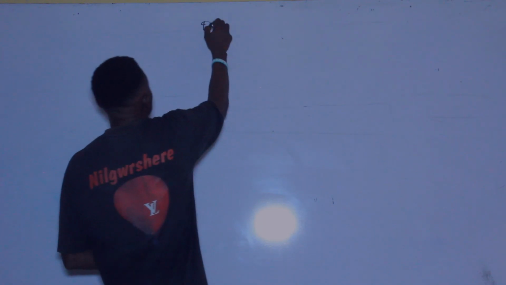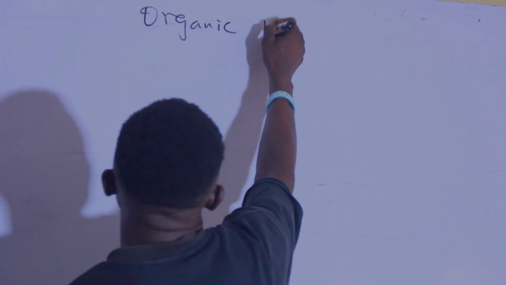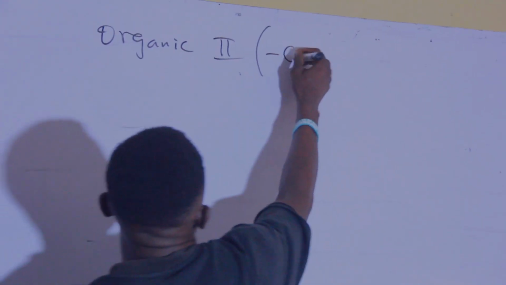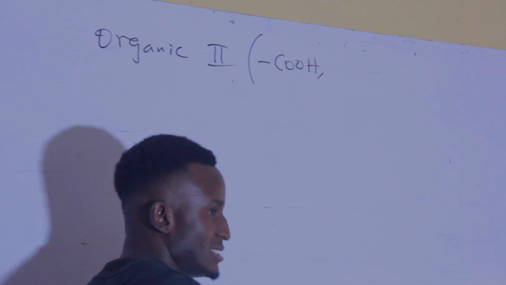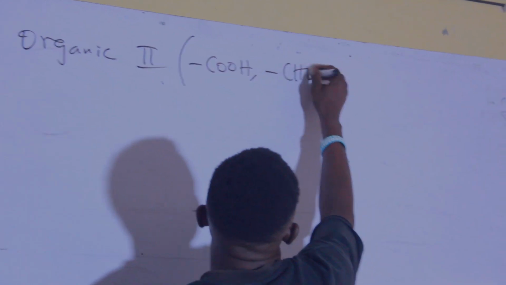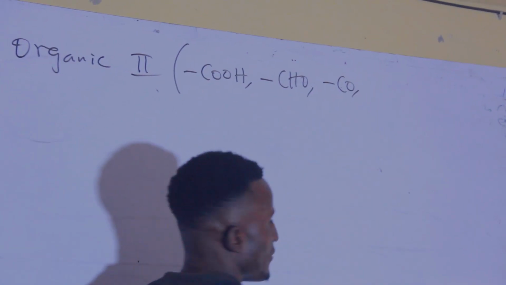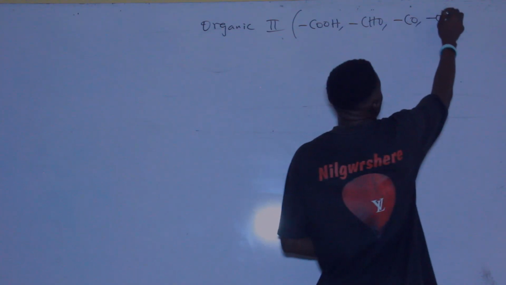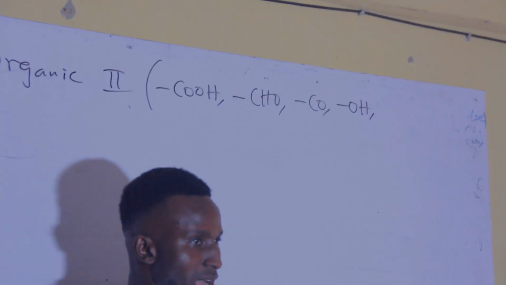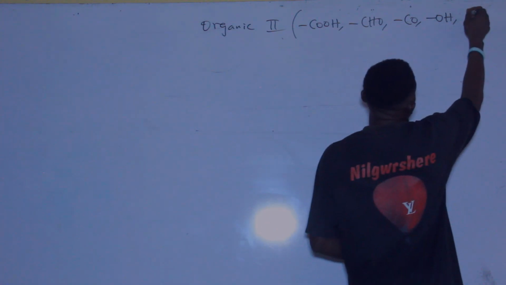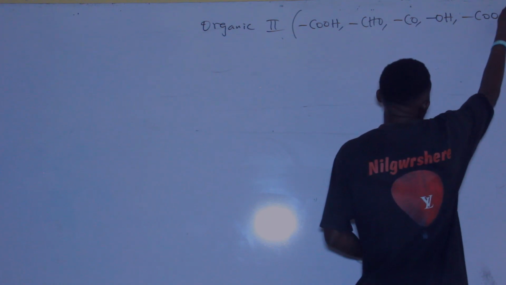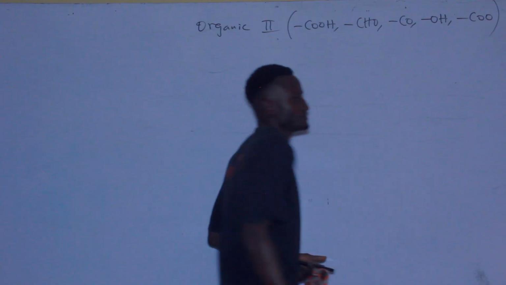For instance, organic 2 functional groups include the functional group of carboxylic acid, alkanal, alkanone, alkanol, and alkanoate, that is ester, etc.